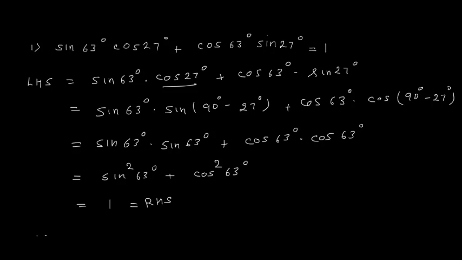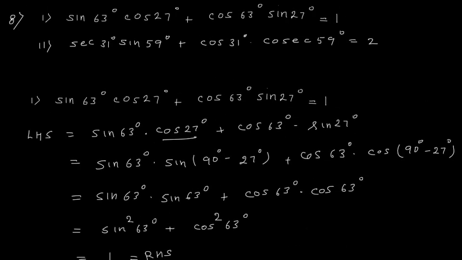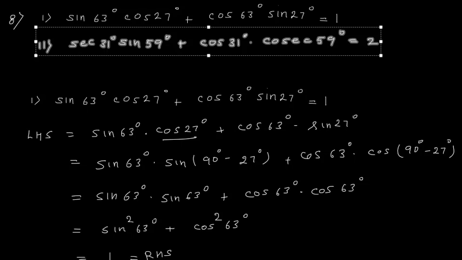So therefore I will say sin 63 degree into cos 27 degree plus cos 63 degree into sin 27 degree is equal to 1. Easy. Now let us take the second question.